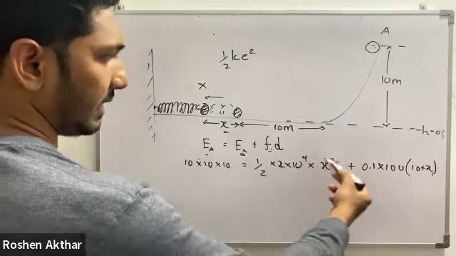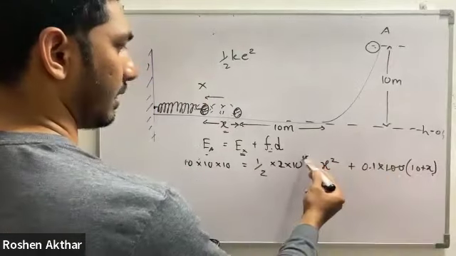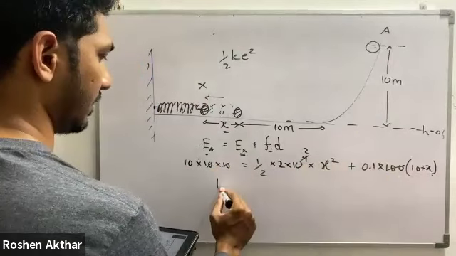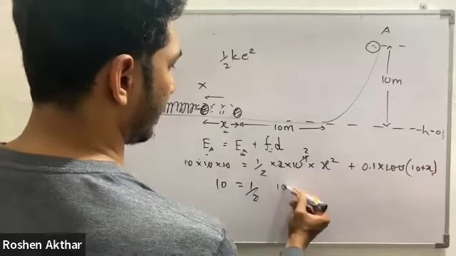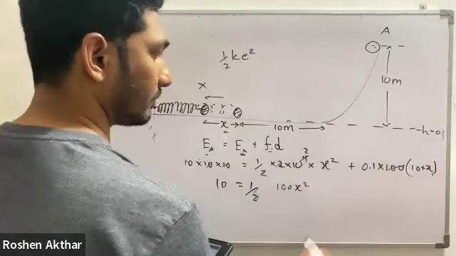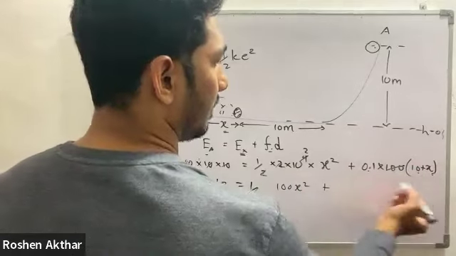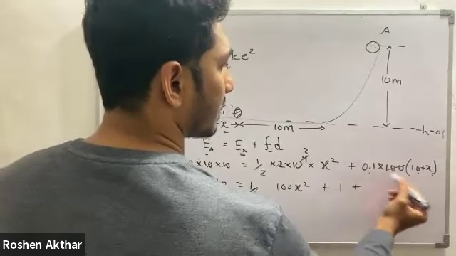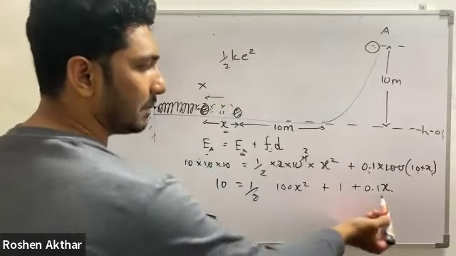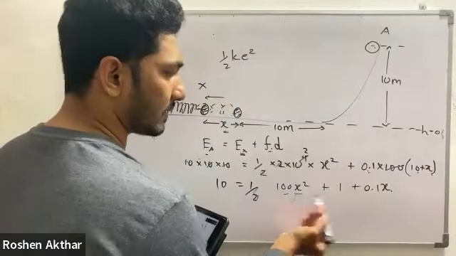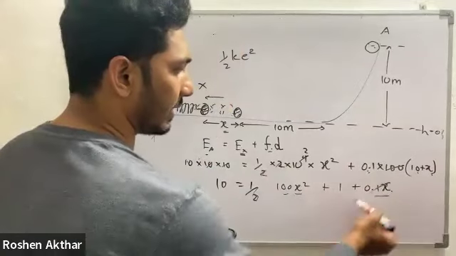So you cut all the tens. Here 100, here 10 to the power 2. So it will be 10. Half, so a 2 is gone. So 100 x squared plus this will be 1 plus this will be 0.1 x. So it is negligible, right? This is 100 x squared, this is 0.1 x, so this is negligible.